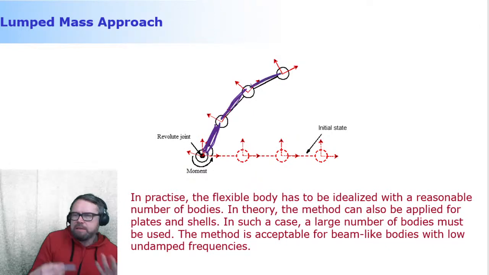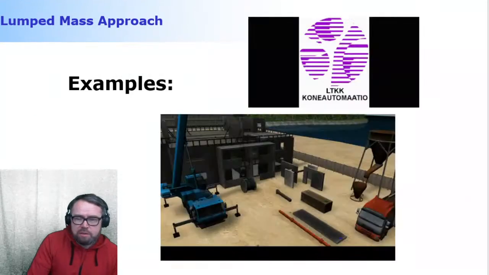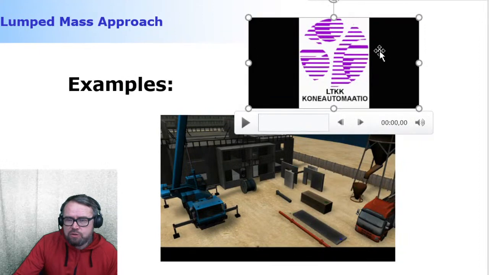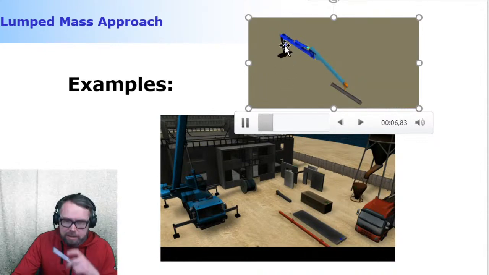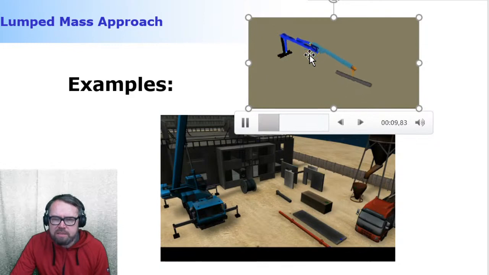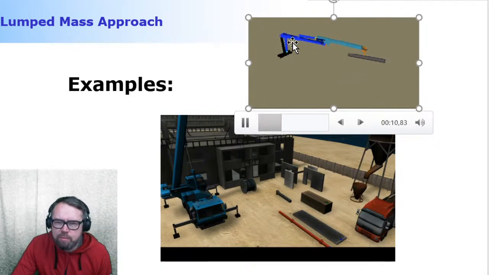And that's how you end up with a description of flexibility. It was used to describe all kinds of structures. Here's a simulation that is like 20, 25, 30 years old. And this is a simulation where each of these structures was described as a flexible body using this lump mass approach.